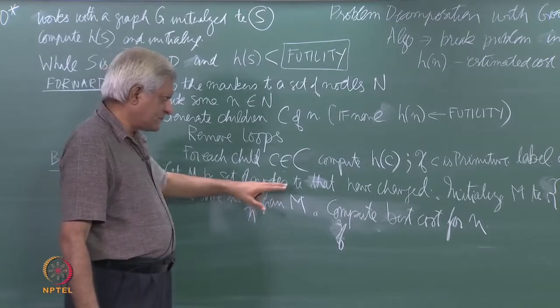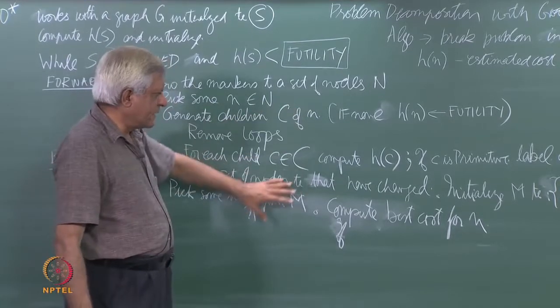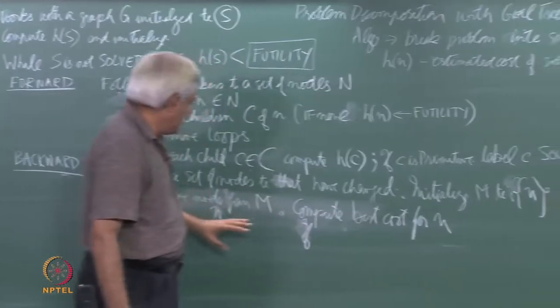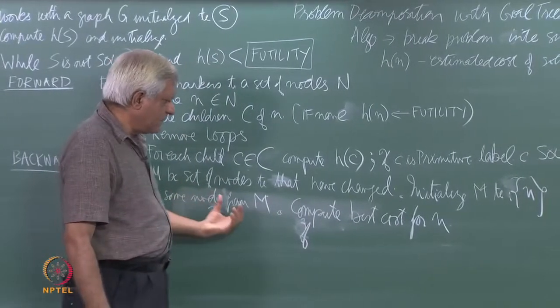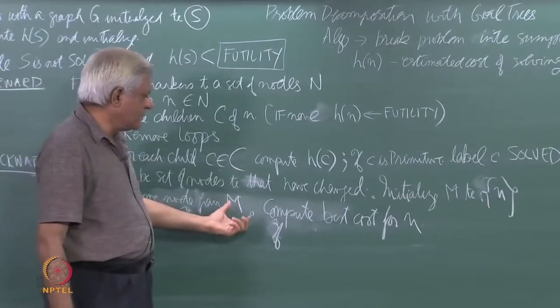and then n is a node that we just expanded and we have added this to the set M, and we are picking some node from M. In this case, it is only n to start with.